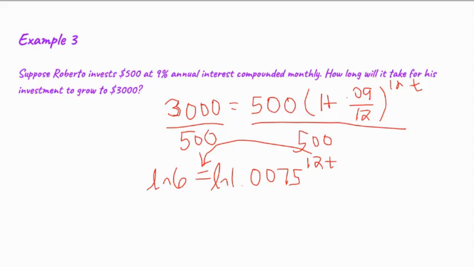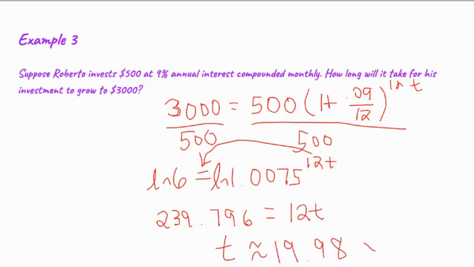So natural log of 6 divided by natural log of 1.0075. That would be 239.1796 equals 12t, and then divide by 12. And you get 19.98. So t is approximately 19.98 years.